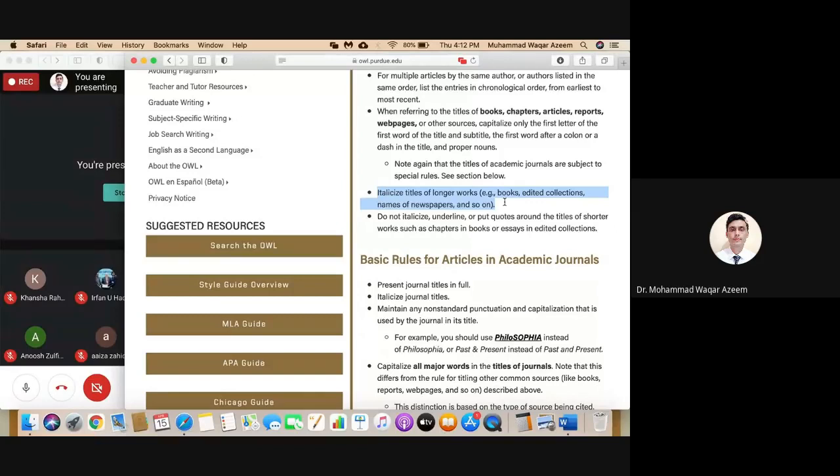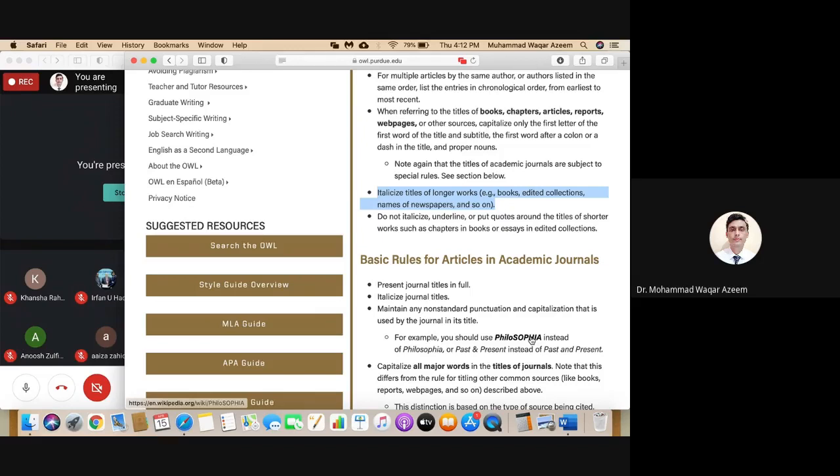Italicize titles of longer works like books, edited collections, names of newspapers, and so on. Okay, so you write the titles of longer works in italic form. I hope you know what italic is.